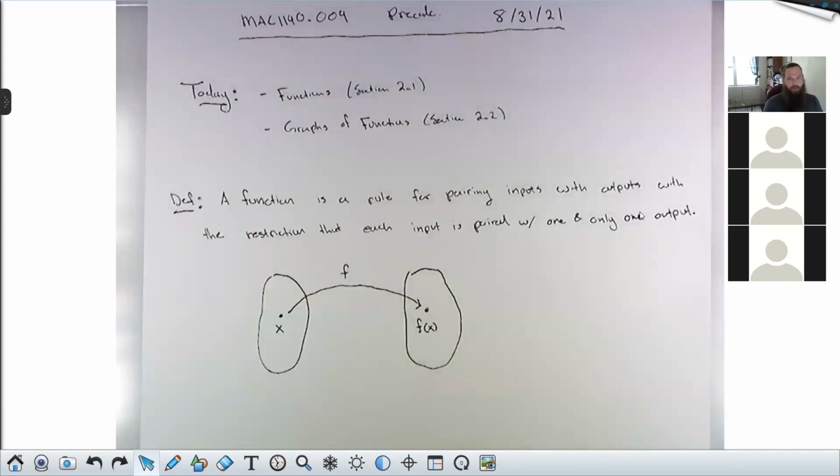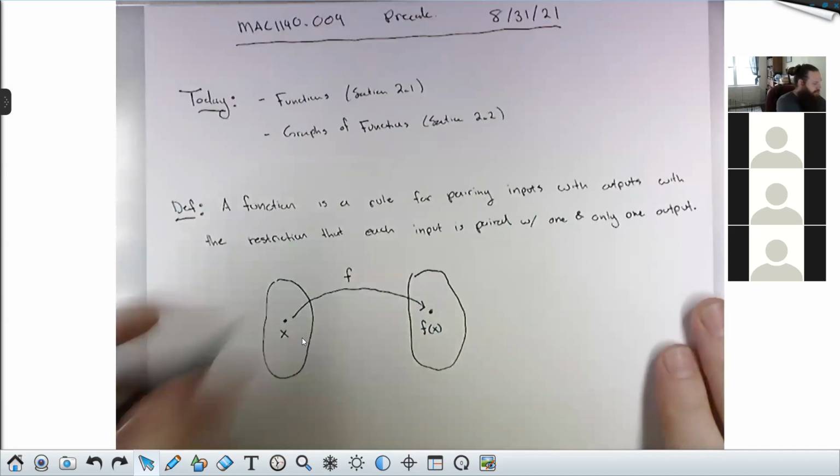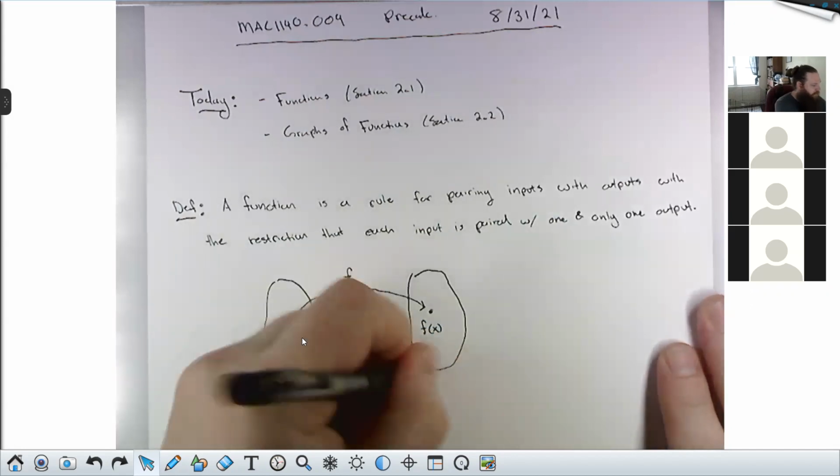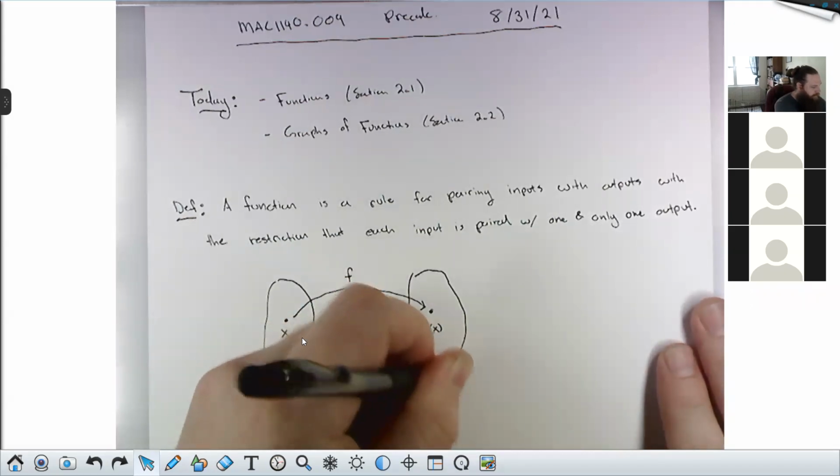I think we get used to this idea in other algebra classes that f of x is the function. That's really not correct. F is the function. X is the input, and f of x is the particular output associated with the input x. All of the stuff on the left over here, these are all of the inputs, and these are all of the outputs.